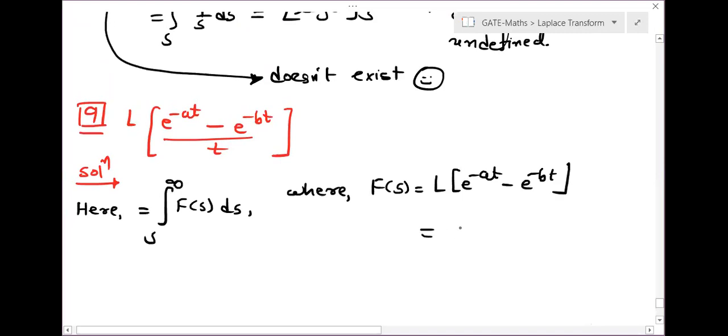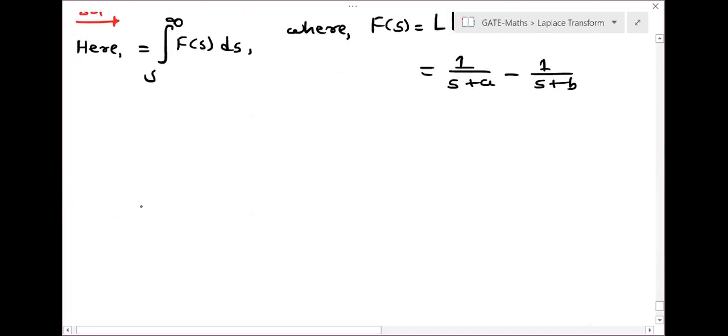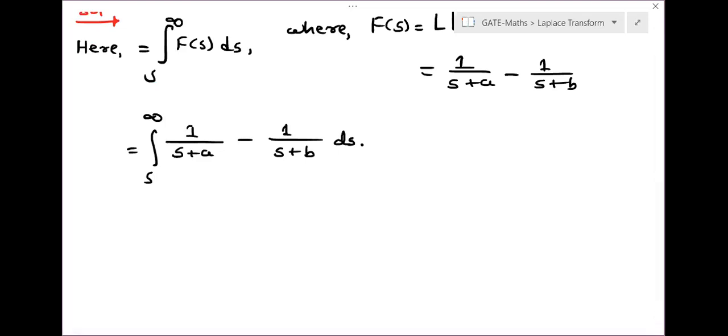Laplace of e to the power minus at is 1 upon s plus a, and e to the power minus bt is 1 upon s plus b. So it is 1 upon s plus a minus 1 upon s plus b. So this will become integration s to infinity of 1 upon s plus a minus 1 upon s plus b ds. Is it clear now?